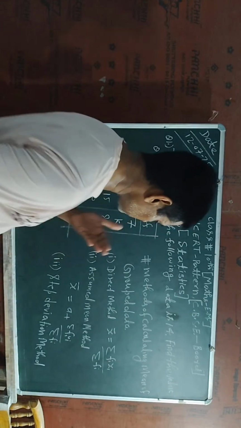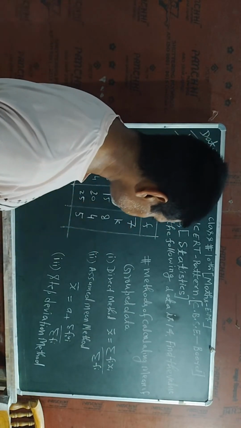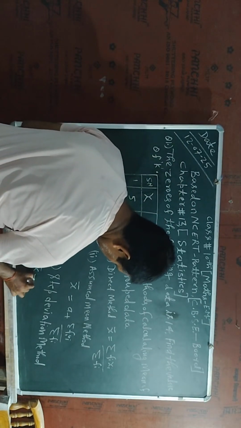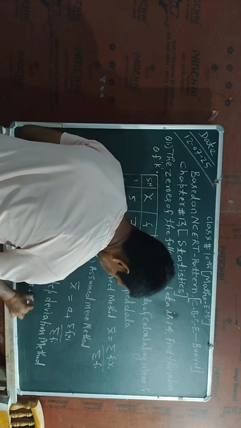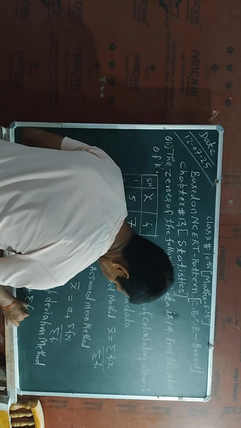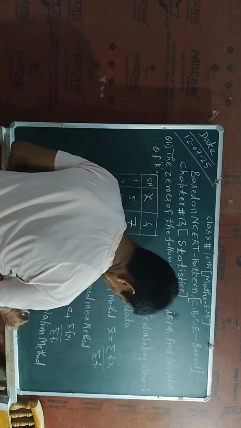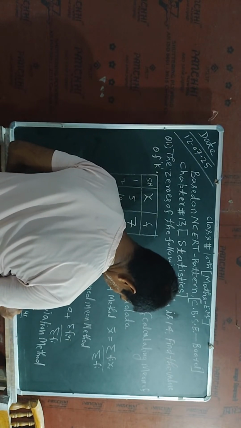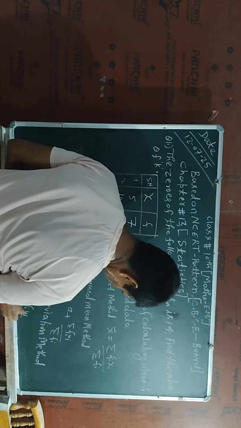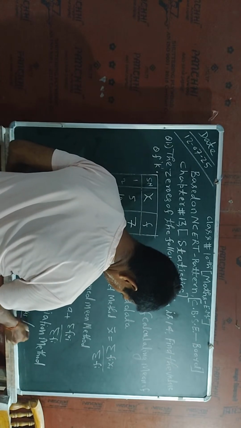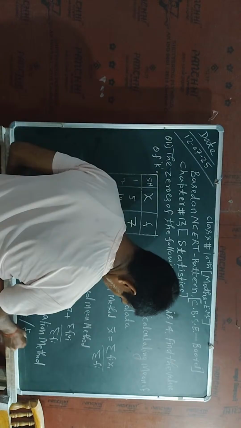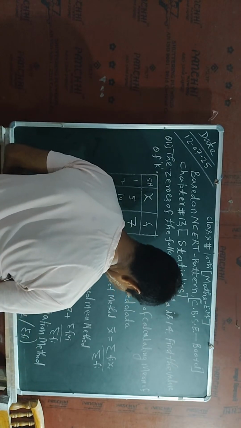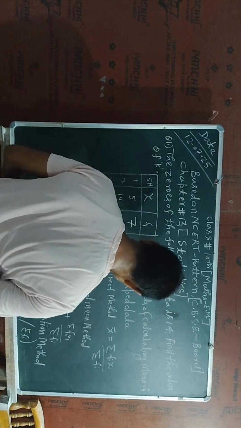Here I can also write x bar, which is equal to a plus sigma fi ui divided by sigma fi, and I will multiply with a term.